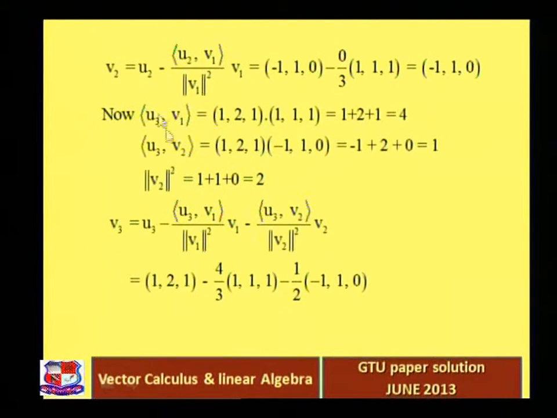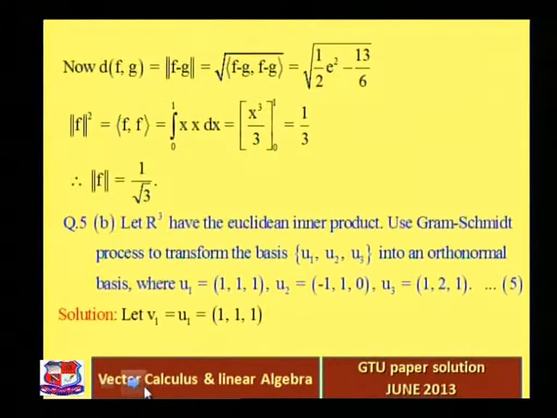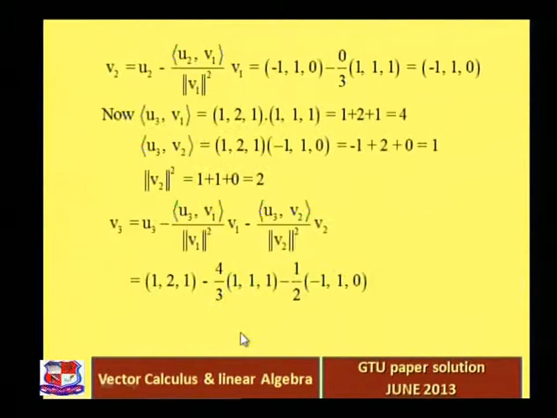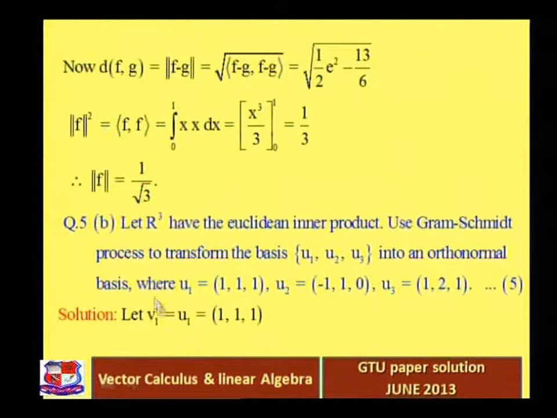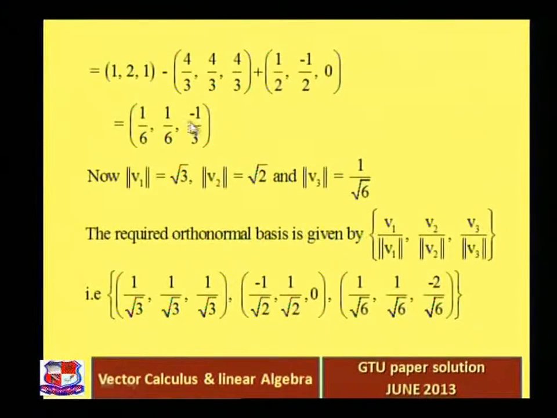Now the inner product of v1 and v3: 1 1 1 with 1 by 6, 1 by 6, minus 1 by 3. So 1 by 6 plus 1 by 6 minus 1 by 3 is 2 by 6 minus 1 by 3, and 2 by 6 is 1 by 3. So 1 by 3 minus 1 by 3 is 0.